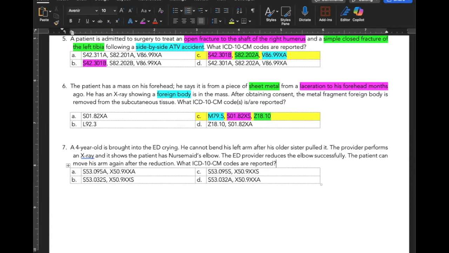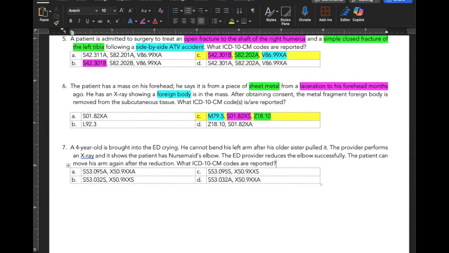Okay. So what is our main term? Dislocation and sprain. Okay. So dislocation, let's see if it's under there. Oh, could we do nursemaid? No, you can do nursemaids. I know for a fact you can do nursemaids. I just don't know if you can do dislocation and then nursemaids.